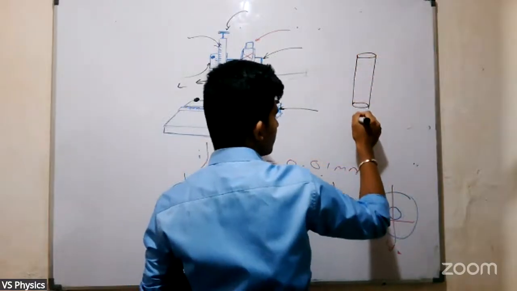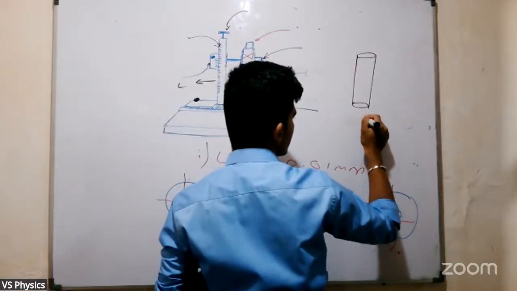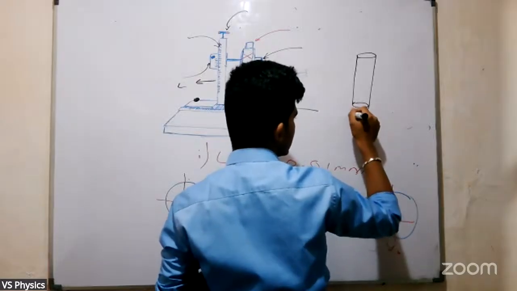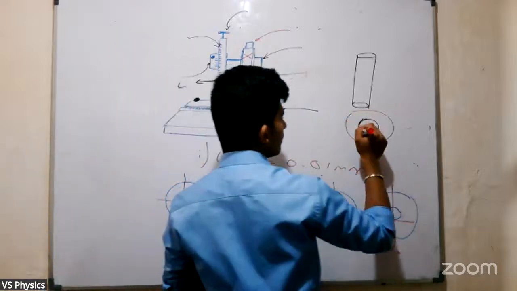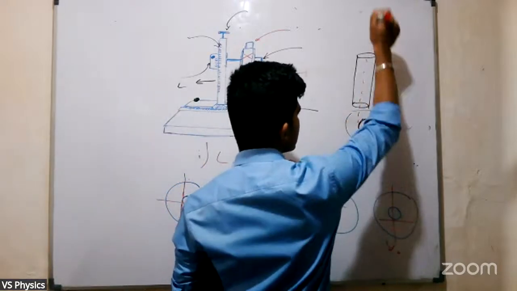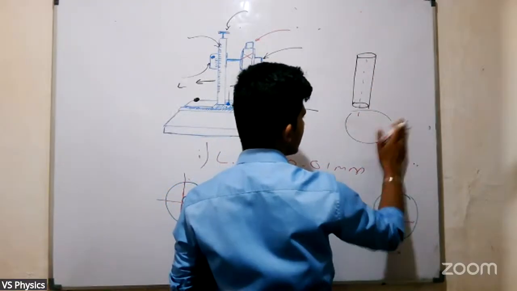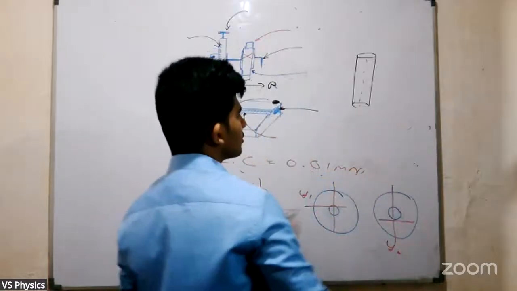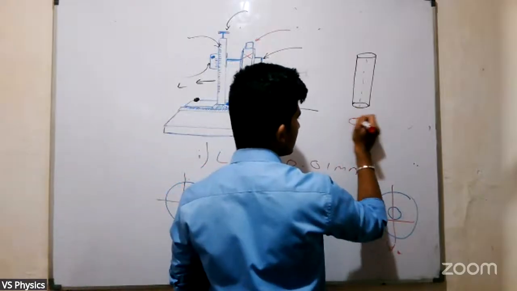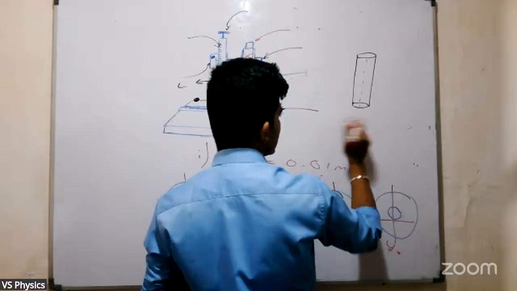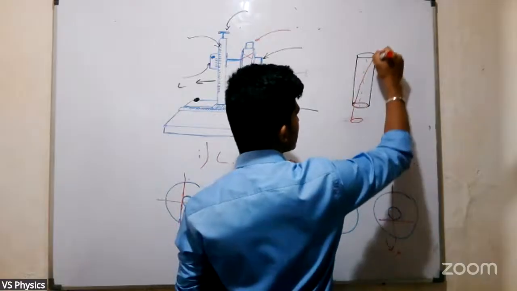In the objective piece, we are seeing this place in such a way that, with the capillary internal diameter here, we are seeing the image inverted.